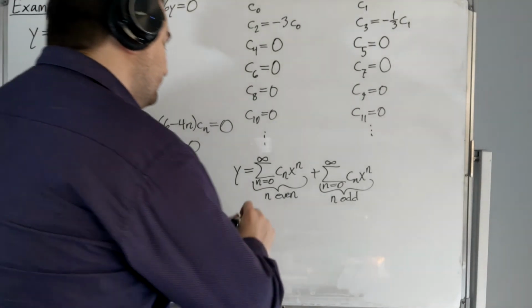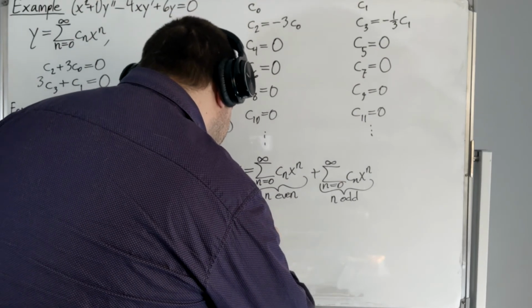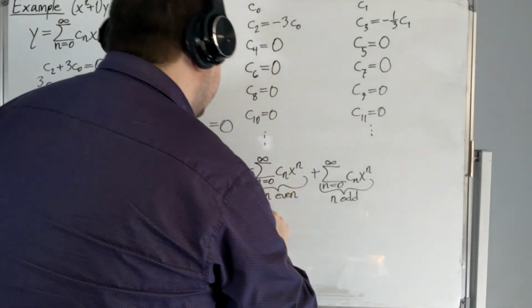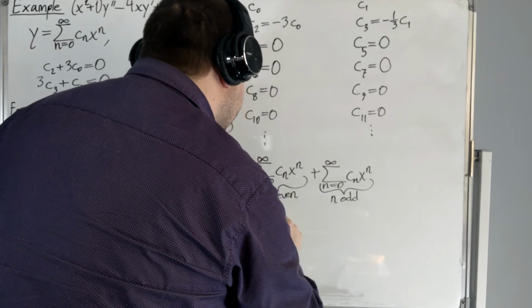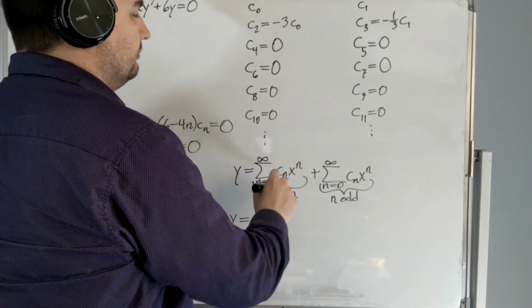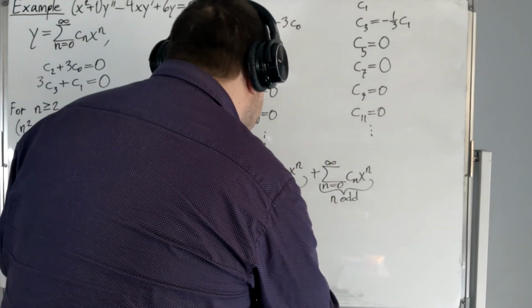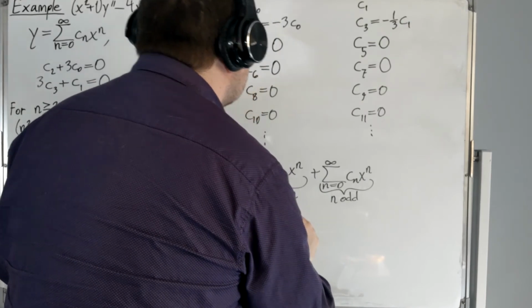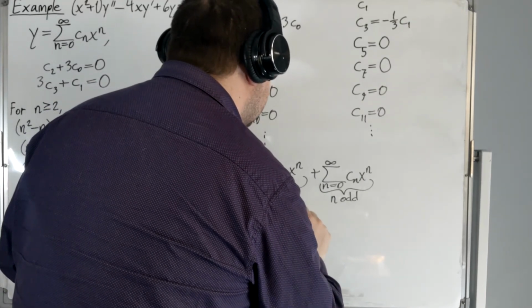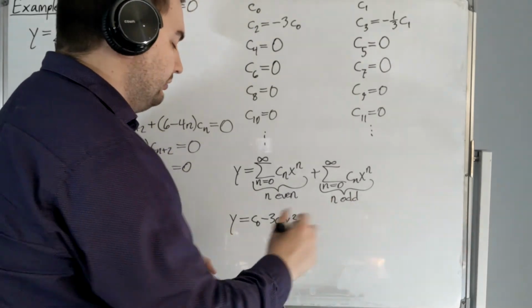When n is even, this is going to turn into C0 times x to the 0 minus 3C0 times x to the 2, and then the rest is 0.